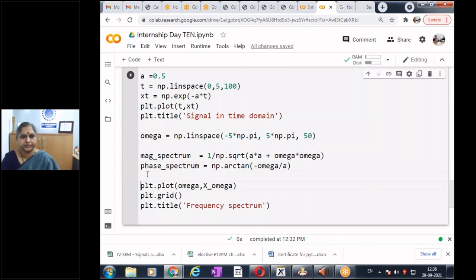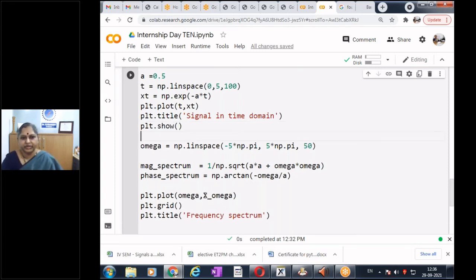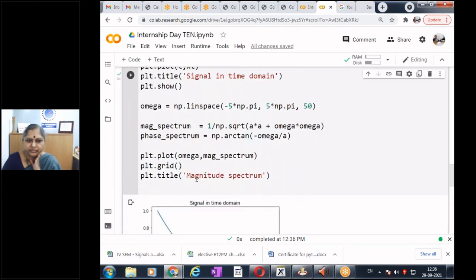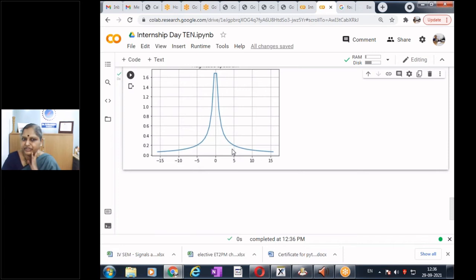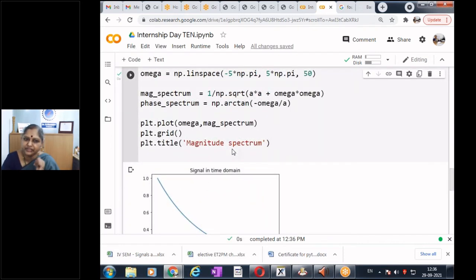And then now we have to plot omega versus magnitude spectrum. Let's put this as magnitude spectrum and check whether it works. So I have the signal in time domain and the signal in frequency domain. I need magnitude and the phase spectrum.